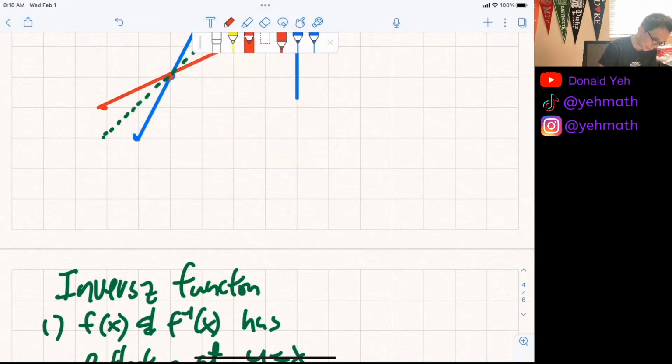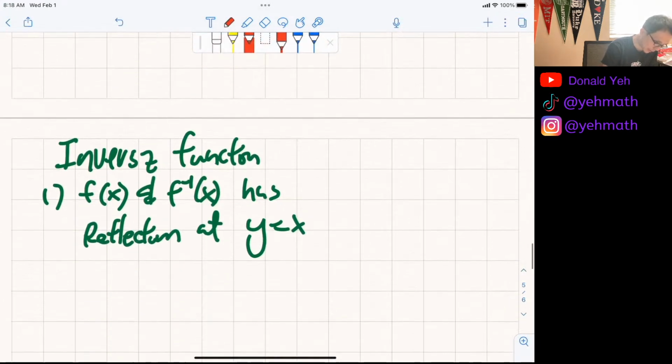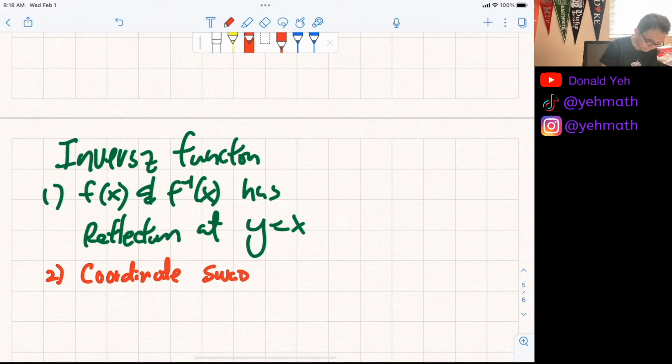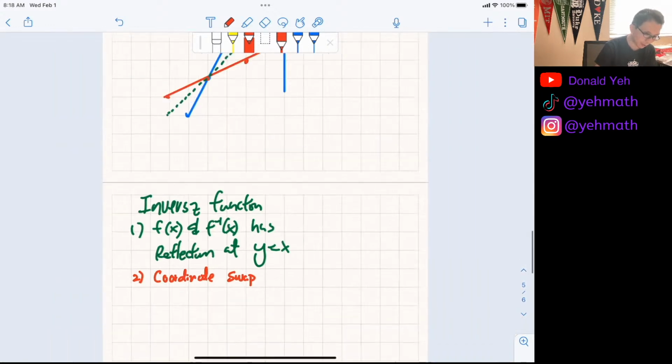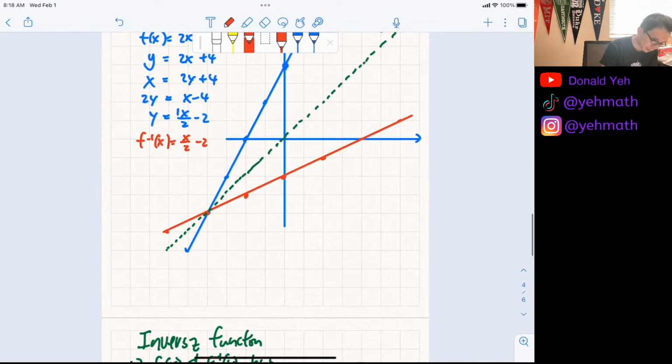Very, very important. The second thing I call coordinate swap. What do they have, a coordinate swap? Let's pick this value, right? It's 2 comma negative 1.